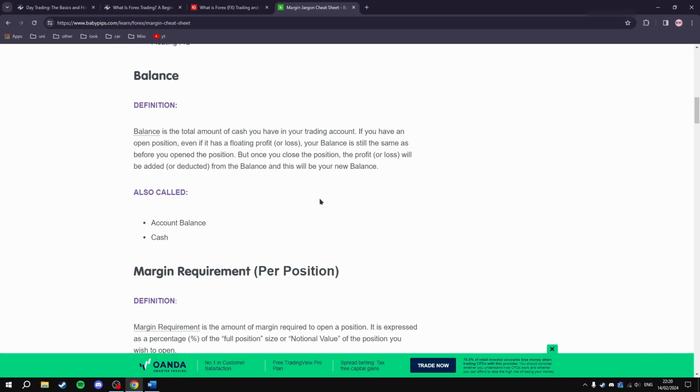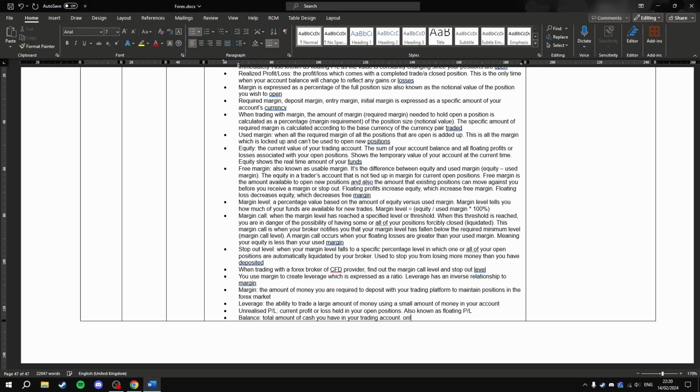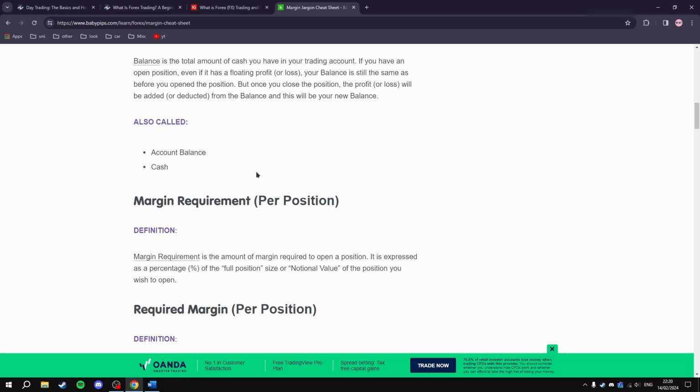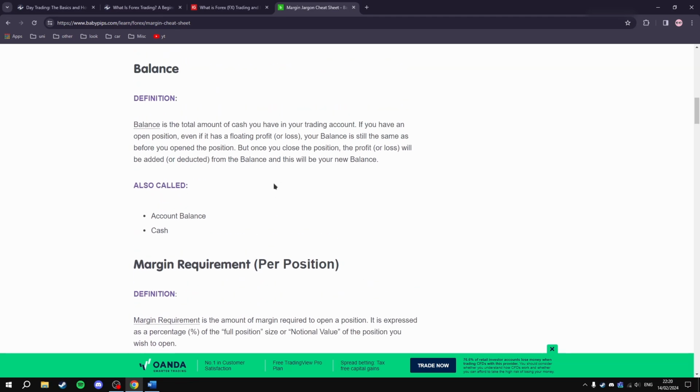But once you close the position, the profit or loss will be added or deducted from the balance, and this will be your new balance. It only changes after the position has closed. Also called account balance, cash.